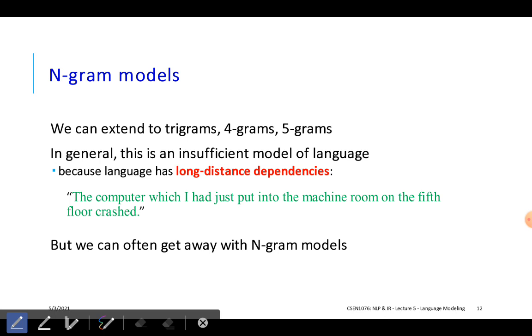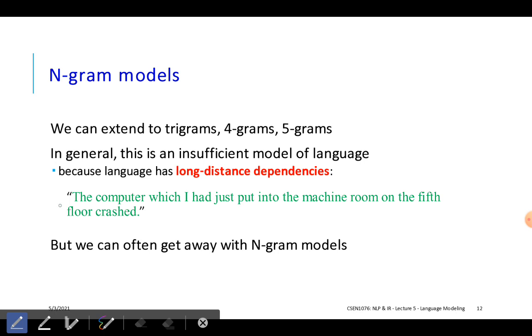The problem with using shorter grams, bigrams, trigrams, 4-grams, that's definitely shorter than a typical sentence length, is that you don't have sufficient information related to the word that you are trying to generate for the sentence, because language usually has long distance dependencies.